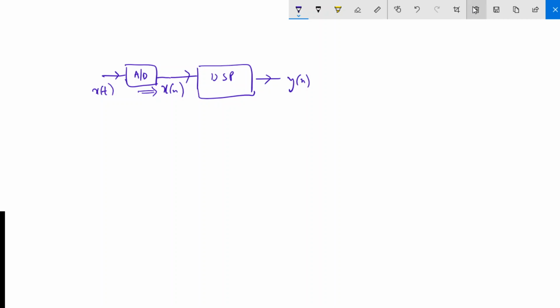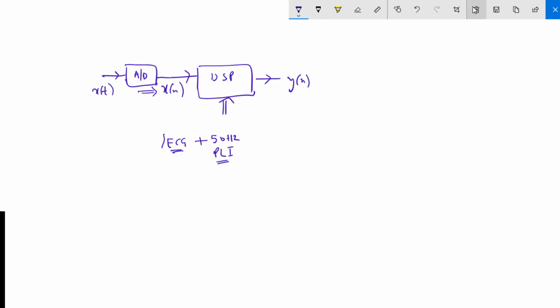Now another source of error can be the system itself, right? When you design a DSP system, suppose I simply take an example of a filter. A filter is a device which is used to remove the undesired components from the input signal. Suppose you have an ECG signal. When you record the ECG signal from the human body, it is generally corrupted with 50 Hz power line interference, PLI.